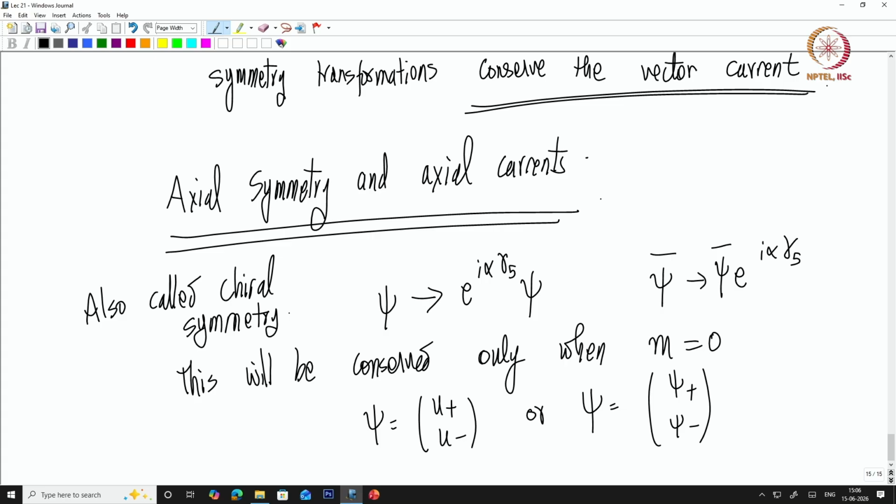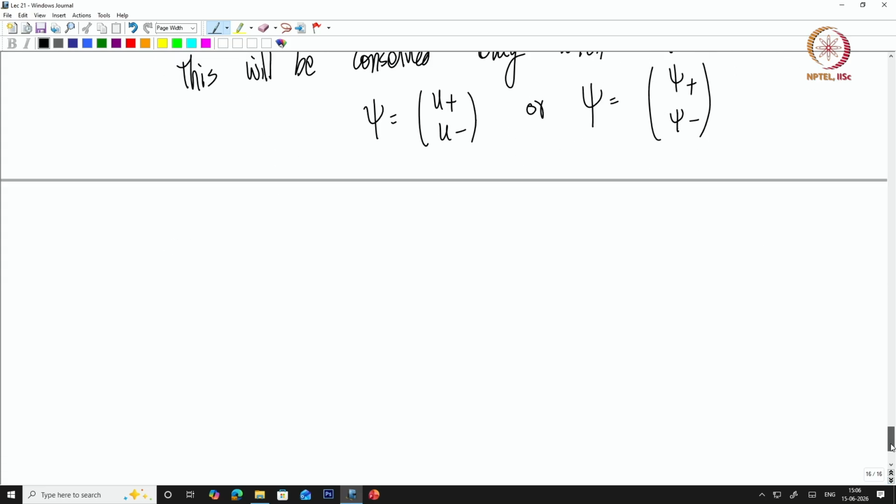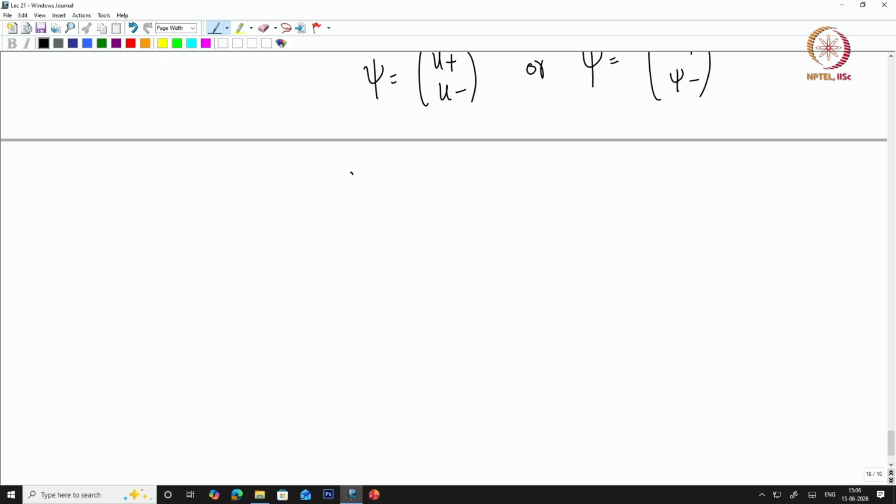Now you can define this current J mu, in this case axial, J mu A equals psi bar gamma mu gamma 5 psi. This we already know, this is the bilinear axial vector current essentially.